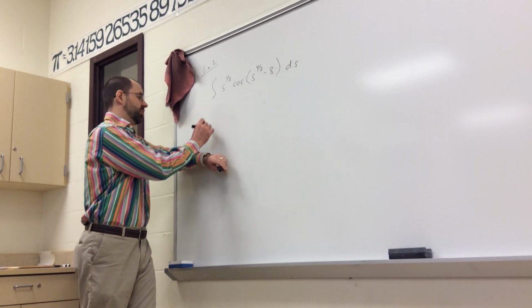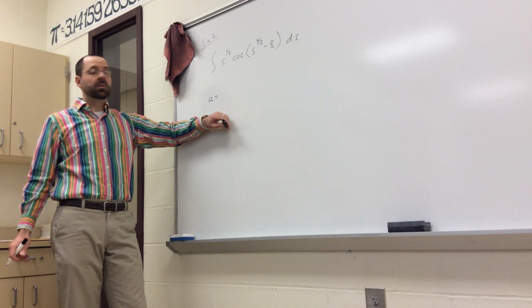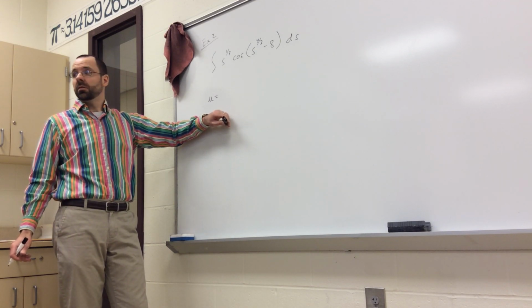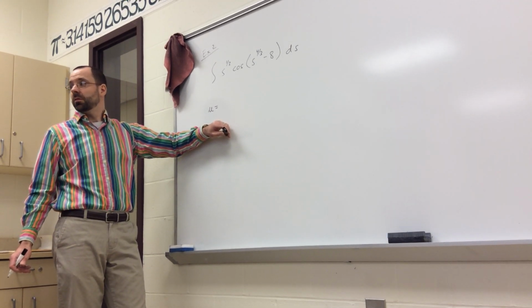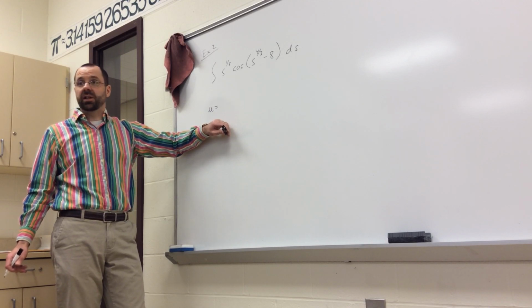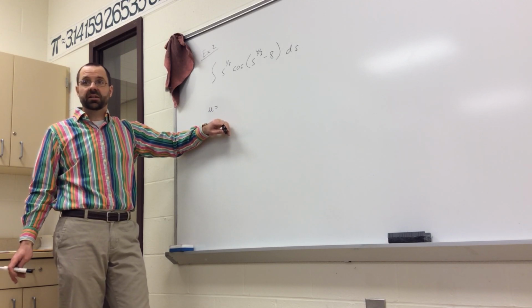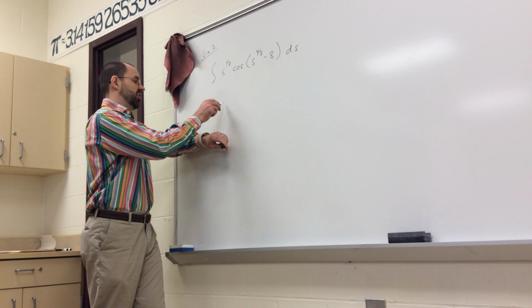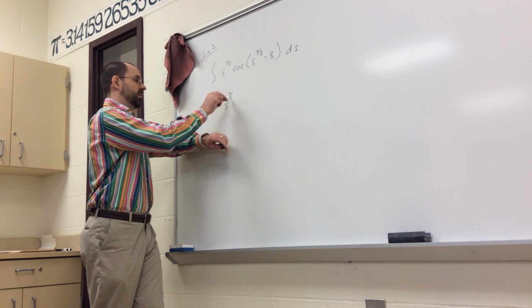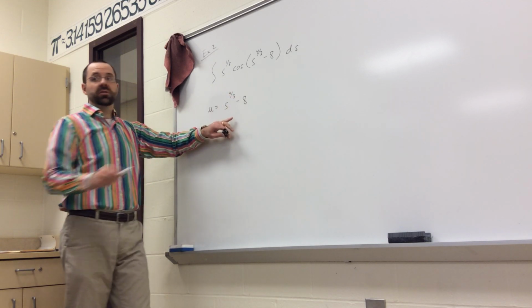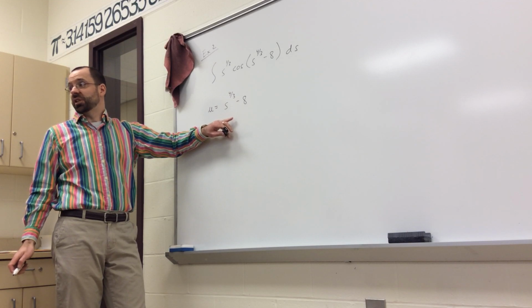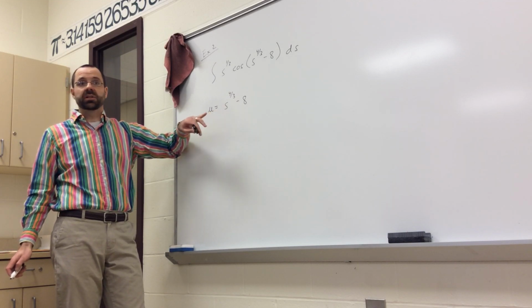So what do you think u should be? s to the 4/3 minus 8, right? Because that's sitting inside of cosine. Remember, the general rule is u is the inside function. So since it's the cosine of that mess, that's what u is.